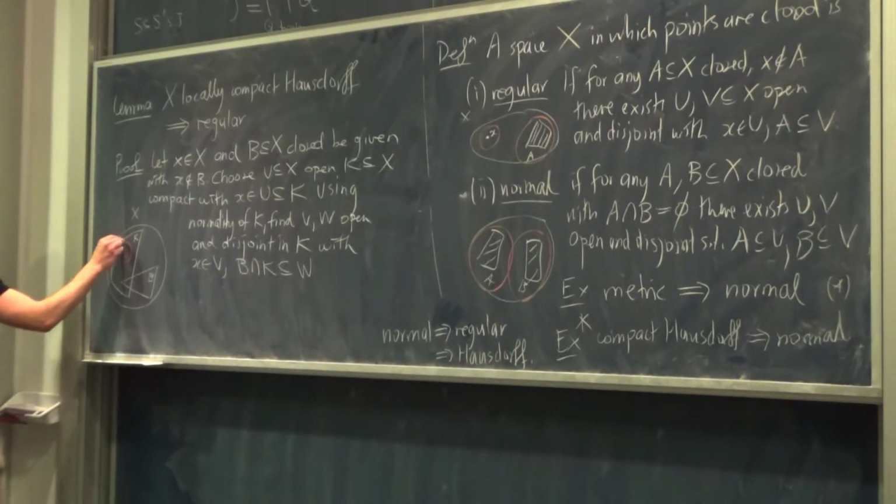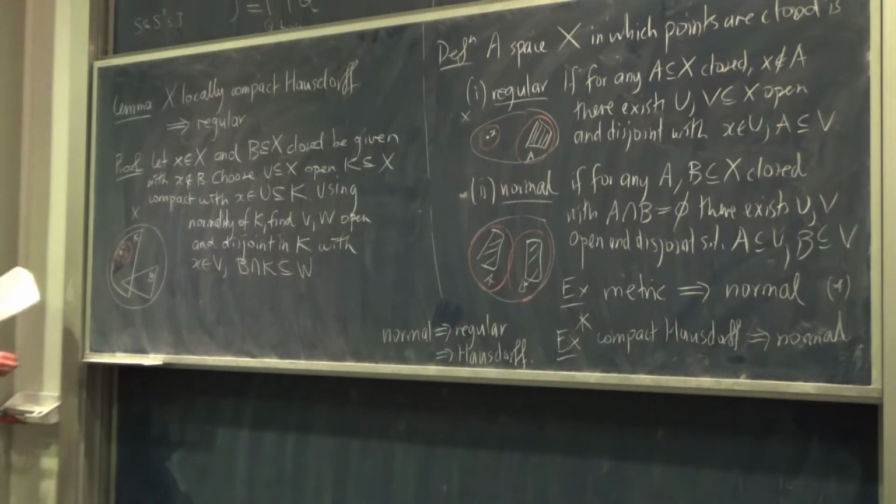So here's my V. Well, let me draw it a little carefully because I want it to meet the boundary. Right, this V, it's open in K. That means it's the intersection of some open set in X with K, whereas U was open in the whole space, right? So that's why I draw it actually looking open.